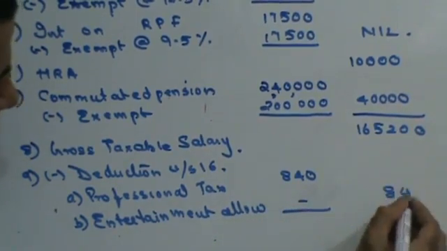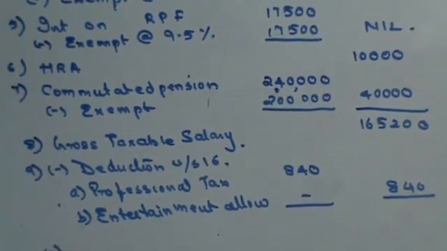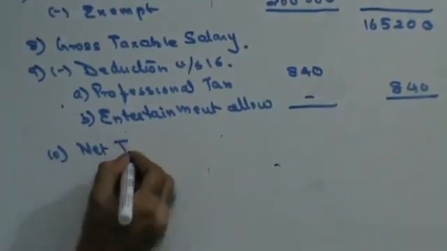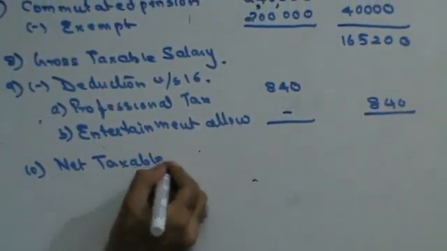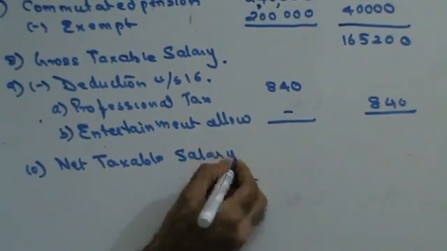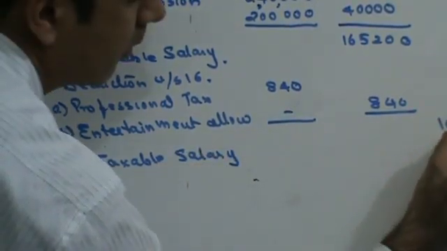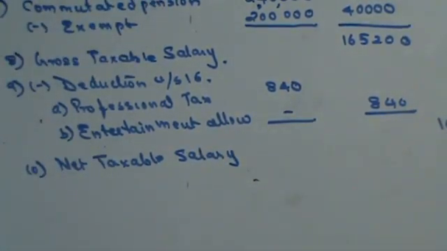So 840. This will give you net taxable salary 1,64,360. Next, let's move on ahead.